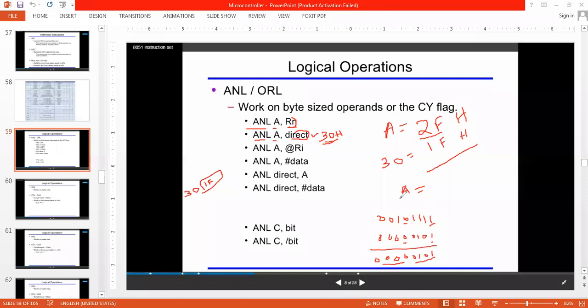Why is it 1F? Not only F, it is going to be 0FH.